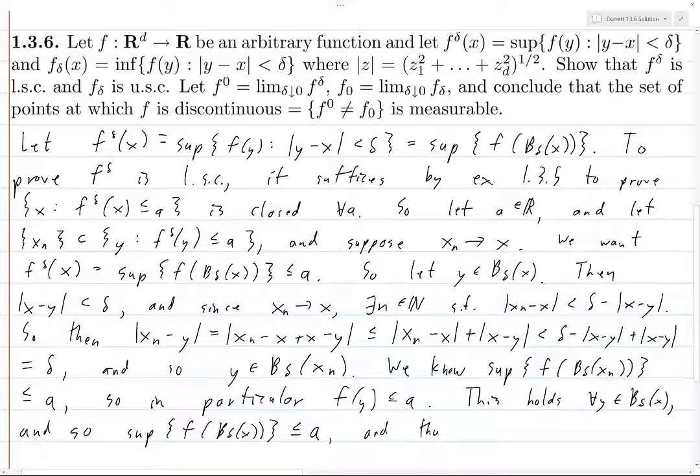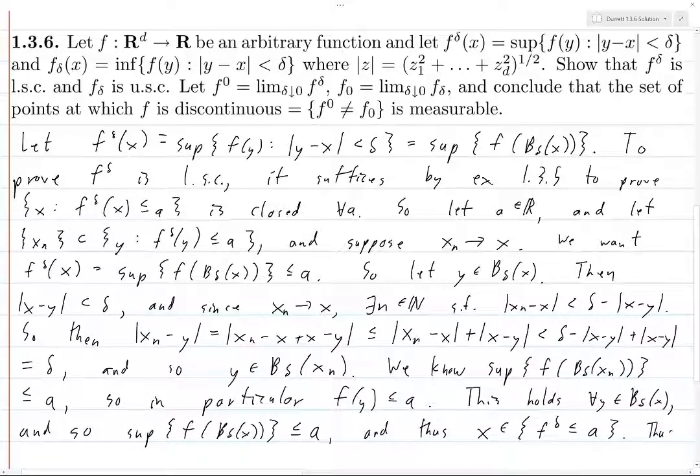And thus, this means precisely that x is in the set of points such that f upper delta of x is less than or equal to a. And this holds for any convergent sequence. So any convergent sequence in f delta less than or equal to a contains its limit point.